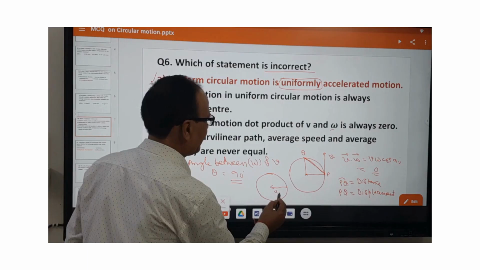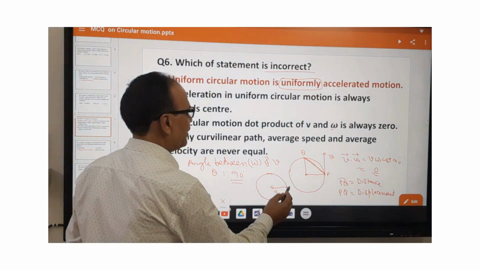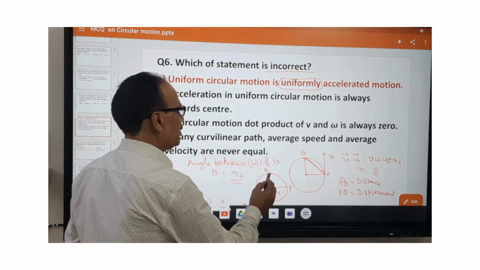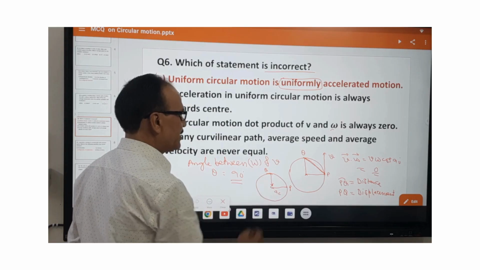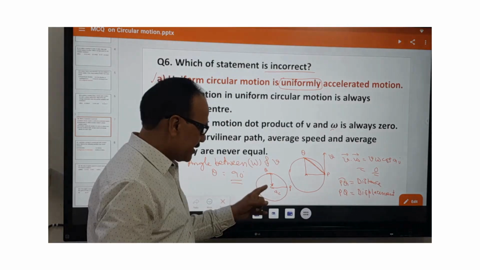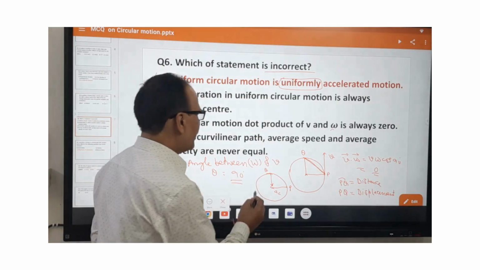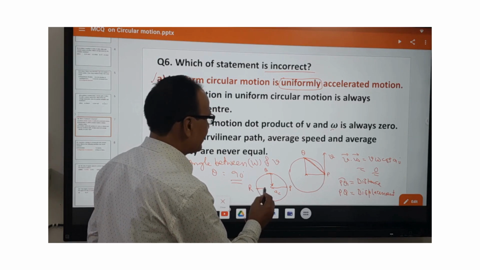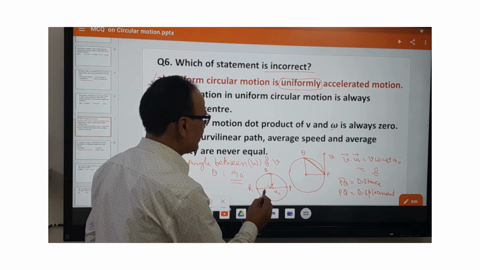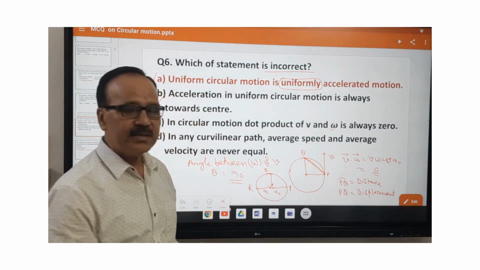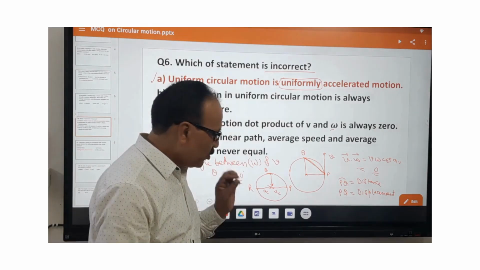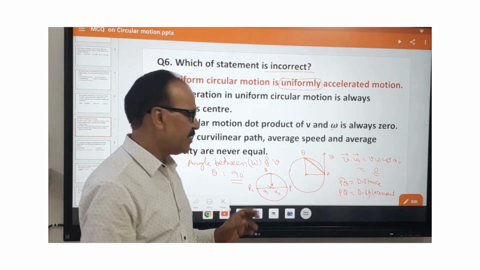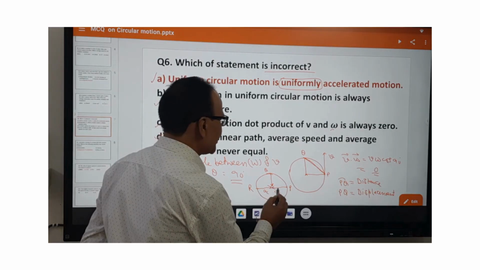This is the direction of centripetal acceleration when the particle is at point P. When it reaches point Q, again the direction of centripetal acceleration is towards the center. When it is at point R, the centripetal acceleration is directed towards the center.